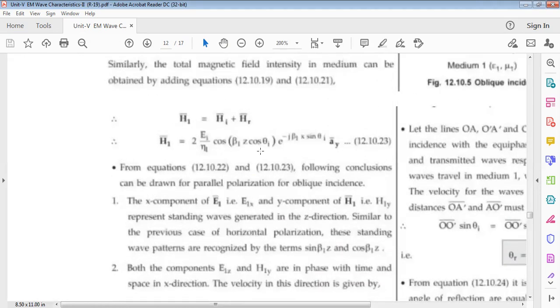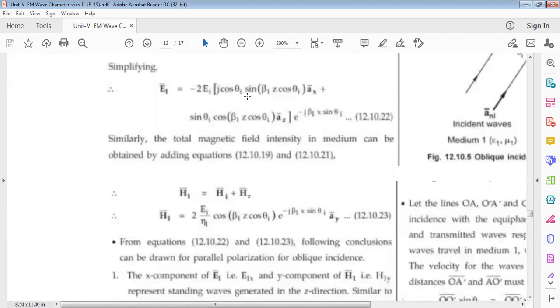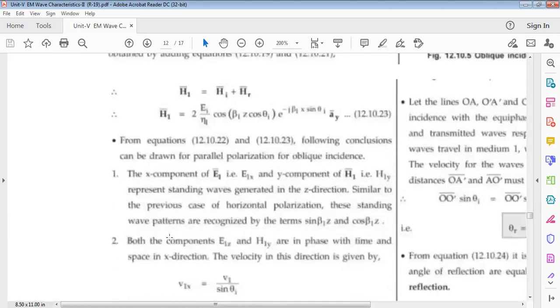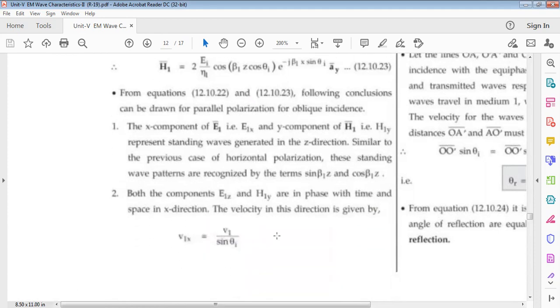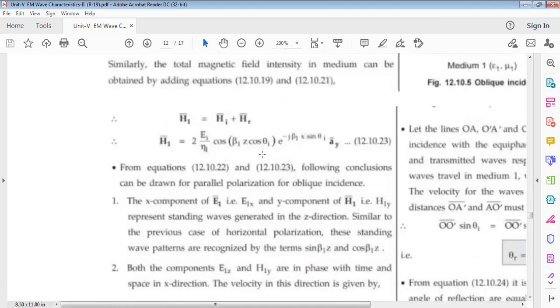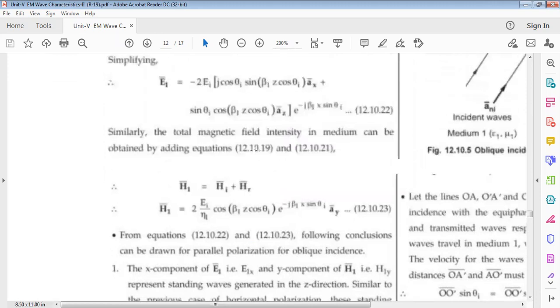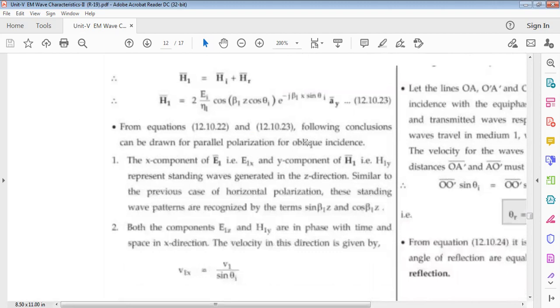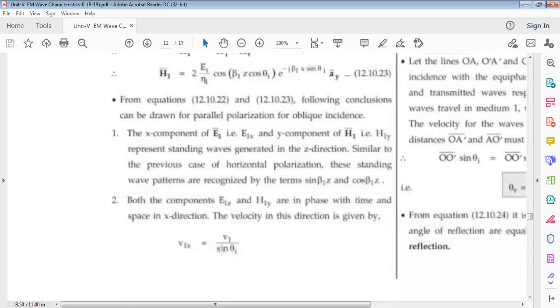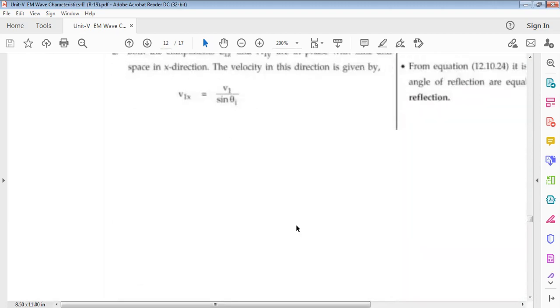Both the components E1x and H1y are in phase with time and space in the x direction. The velocity has a coefficient. What is the coefficient here? Sine theta I is there. So V1x is equal to V1 by sine theta I.